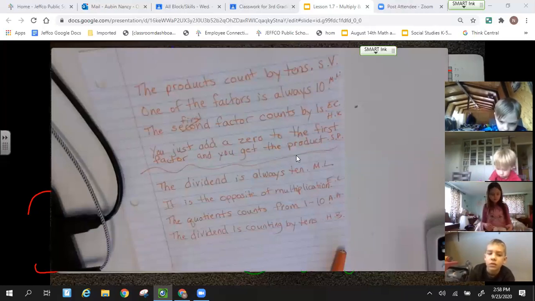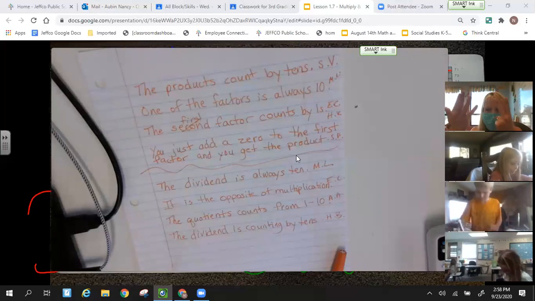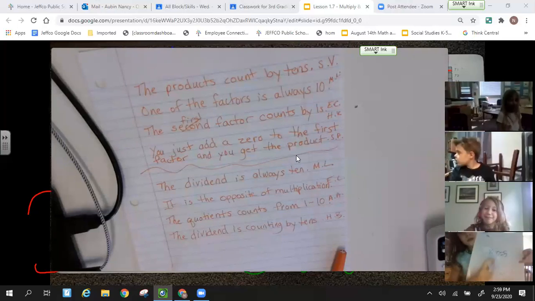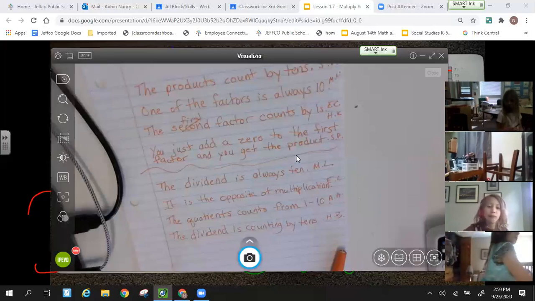How many 10s are in 70? 10, 20, 30, 40, 50, 60, 70. You should have 7. Have my kiddos online. Did you get 7? Gavin, how'd you do? Good. Clara, you're on fire today. Oh, I'm so proud of you. Good work, my dear. All right, let's get out of this for now.